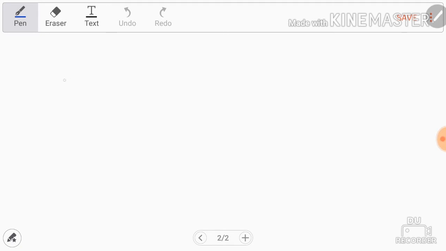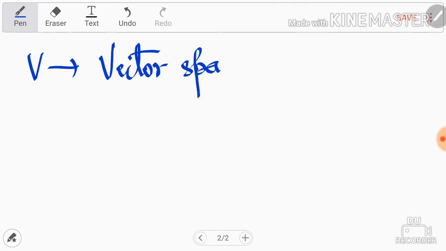So for any element to be a vector, it should belong to a special set called a vector space. And what do we mean by a vector space? Let's see.